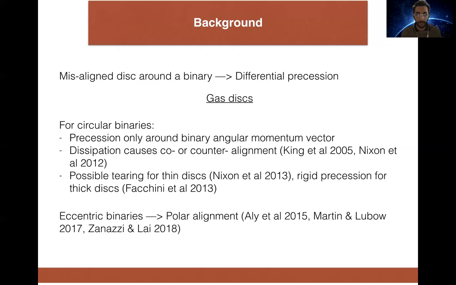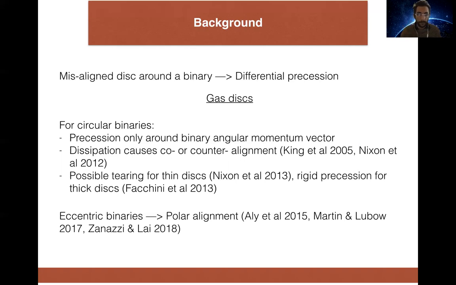Now, we know for gas disks from the work that's been done that this precession is around the binary angular momentum vector, and in the presence of dissipation, you will end up with a co or counter aligned disk with the binary plane. Of course, if the disk is thin, then this torque will overcome viscosity, and you'll have tearing in the disk.